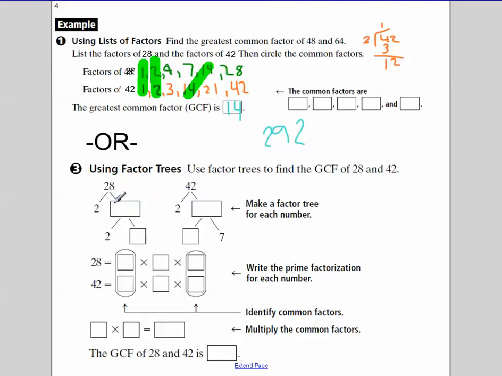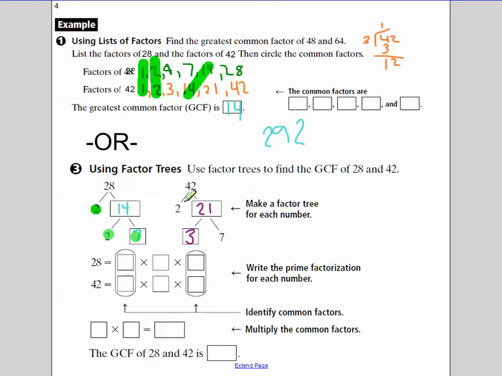With a factor tree, I'm going to break apart the numbers. Since 28 ends in an even number, I know that I can break this into 2 and 14. 14 can then be broken into 2 and 7. Now I'm left with my prime factorization there. Let's take a look at 42. If I divide by 2, it is 21. 21 breaks down into 3 and 7.